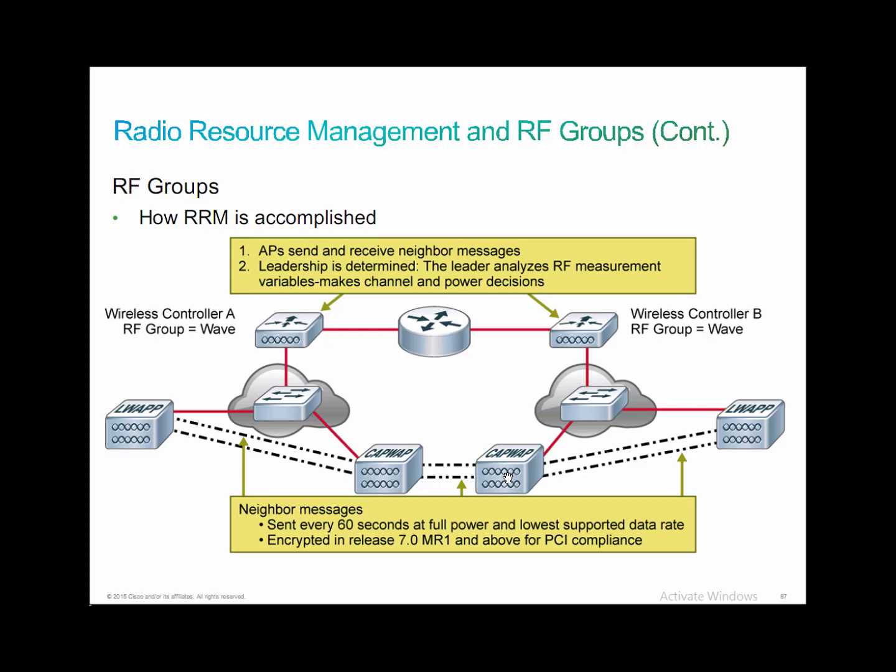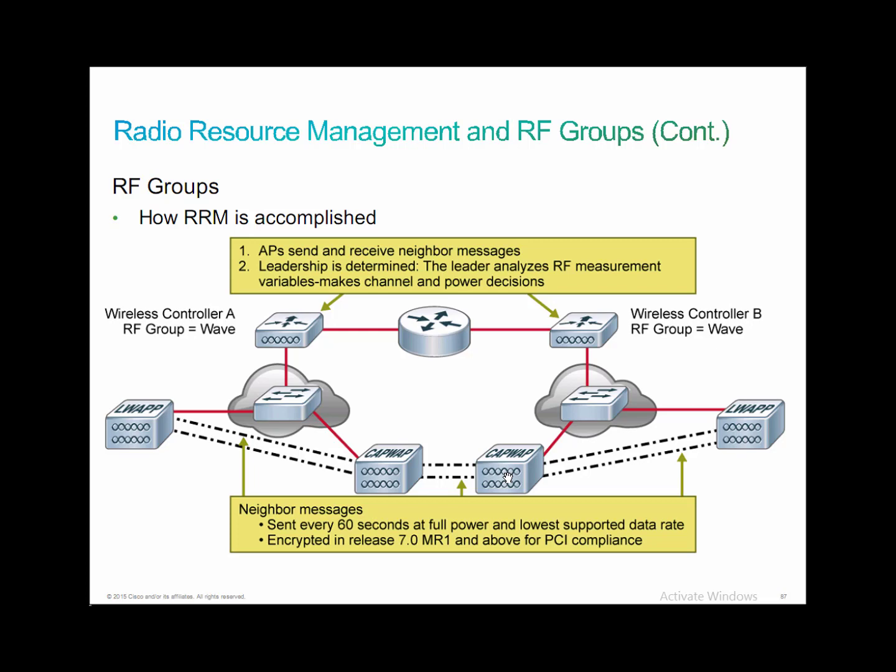Neighbor discovery is performed at the radio level, so we're trying to figure out who's in proximity to whom and so on. The country list that's configured on the mobility controller, and then RF groupings that are going to run between the different mobility controllers. RF groups and mobility groups are very similar.